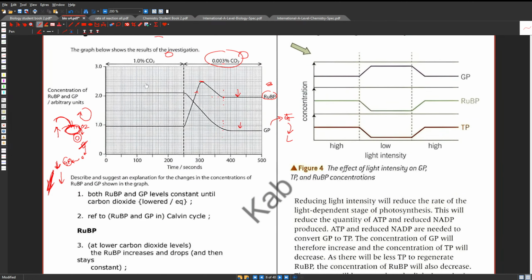So these are equilibriums, right? Because it's a cycle, there's always new being formed and more being used up. It's almost as if RUBP has this kind of reaction with the GP, where GP is formed, but the moment GP is formed, RUBP can also be formed as GP is used up, which is true. GP indirectly does this by forming GALP, and RUBP indirectly does this by using CO2.